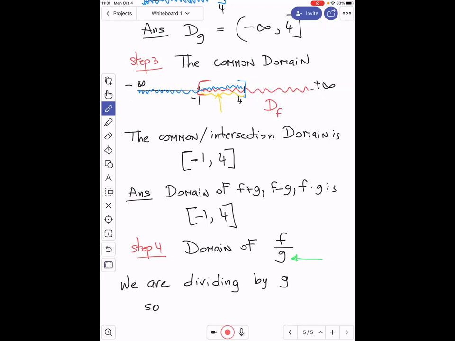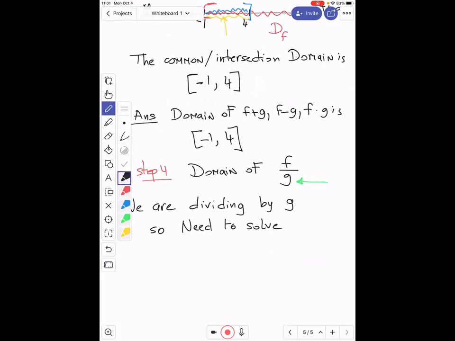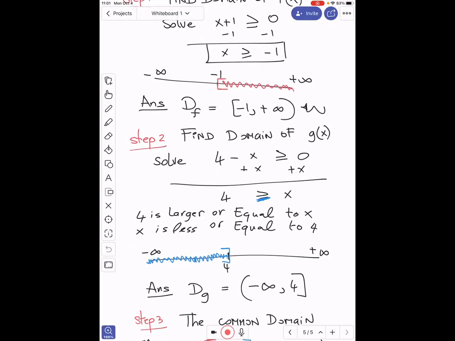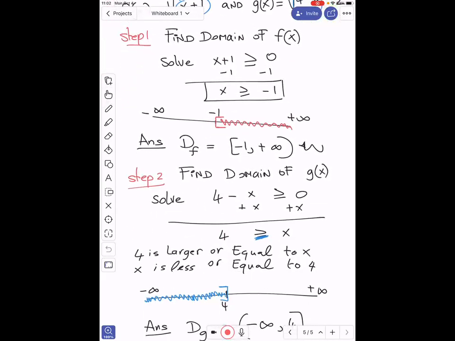So we need to solve g of x equals 0. So what's g of x? g of x is the square root of 4 minus x, minus 2.